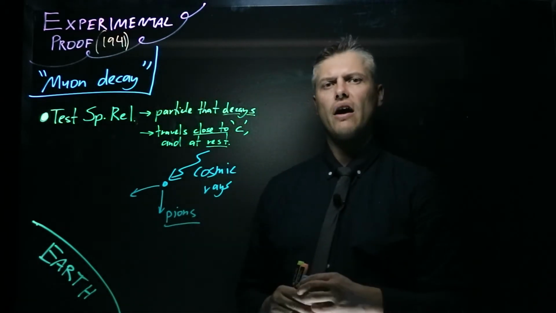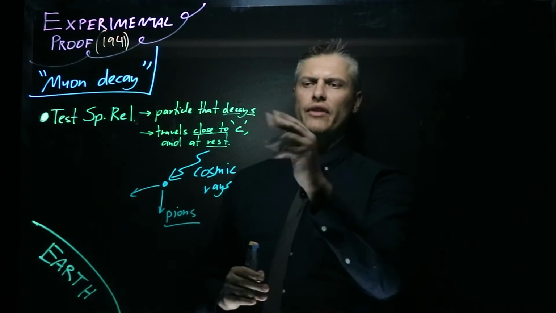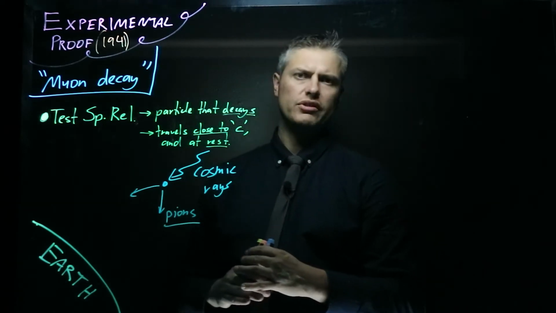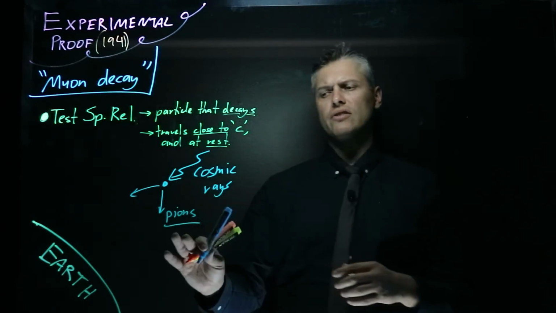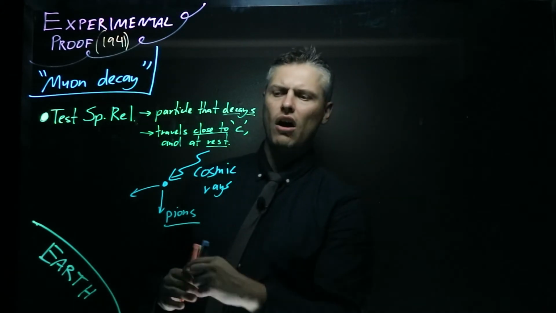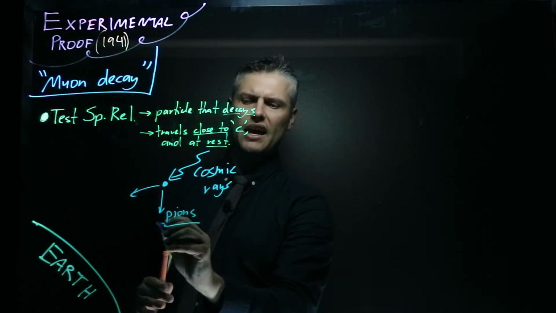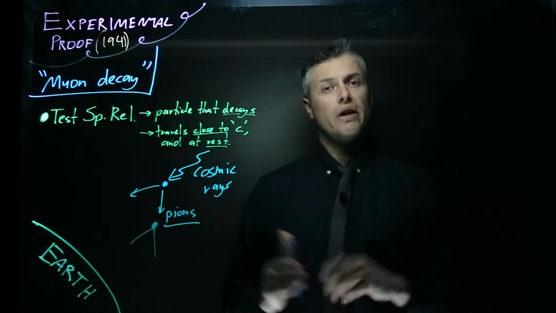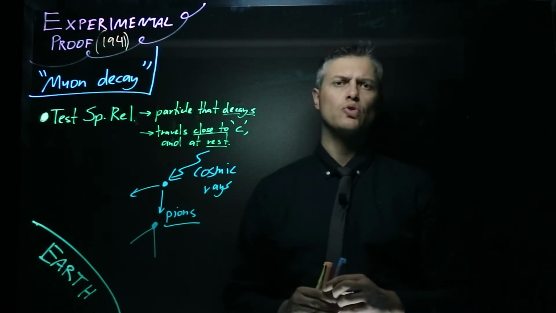Now, pions are an unstable particle. They decay, so you'd think that'd be a really nice particle to choose for this experiment. However, pions are unstable, and since it's so high in our atmosphere still, they decay into other products themselves, things called muons.